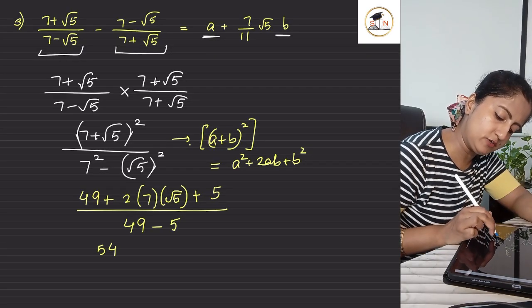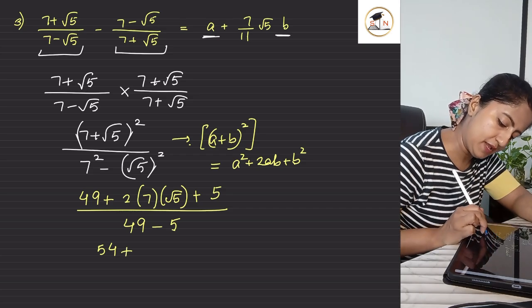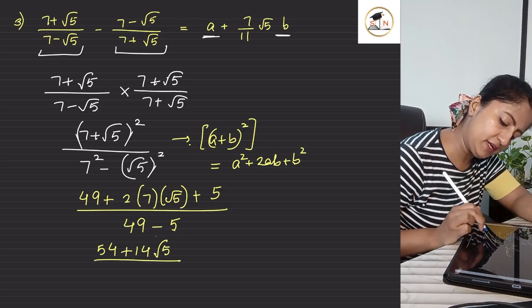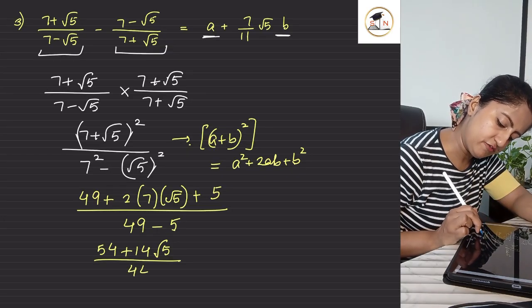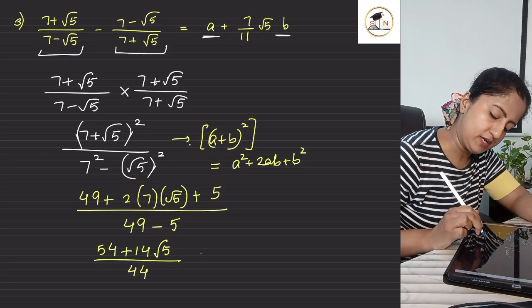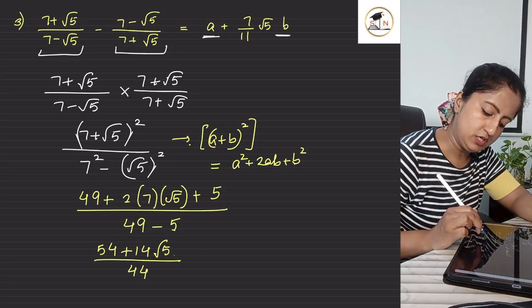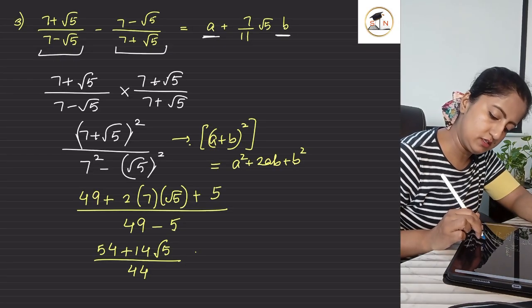Now 49 plus 5 is 54. ये क्या मिल रहा है? 2 into 7 is 14 plus 14 root 5. और डिनोमिनेटर में हमारे पास है 49 minus 5 that is 44. What I can do, I can take out 2 as a common factor, right?